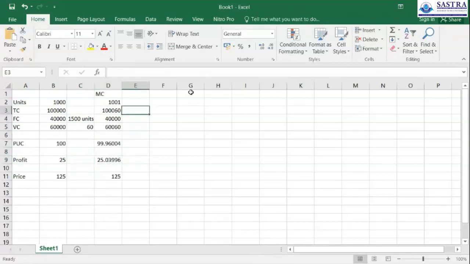So if instead I manufacture 1,200 units, again the fixed cost remains constant.